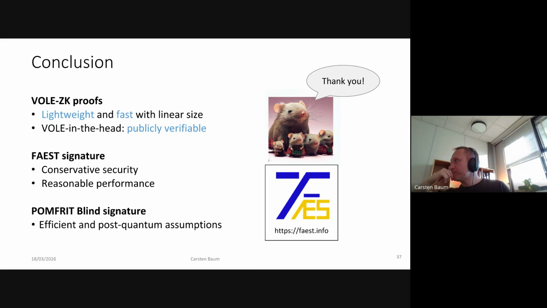Because if you can align things nicely, you can do a lot of multiplications before you have to reduce your degree again. And this is actually what we do in POMFRIT, in that if you evaluate SHAKE, you don't have to commit to all the rounds of SHAKE that you do, because if you align the multiplication gates in a nice way, you can basically do 6 rounds together.